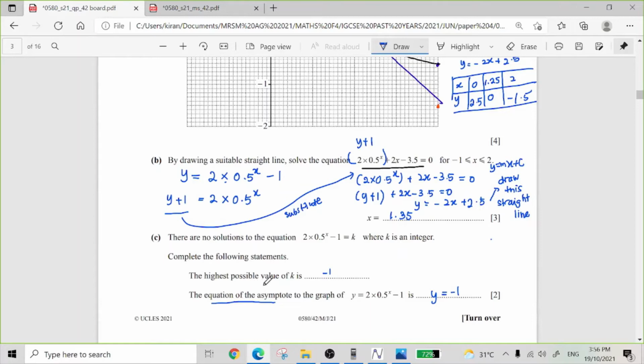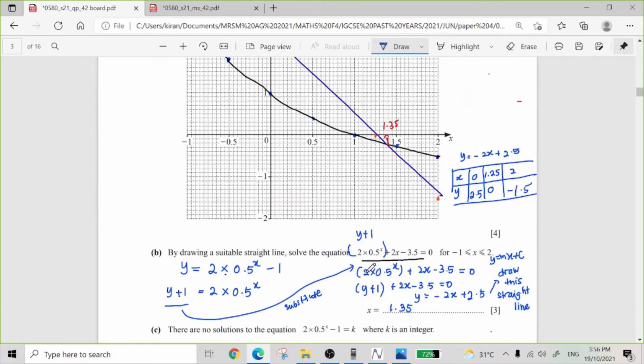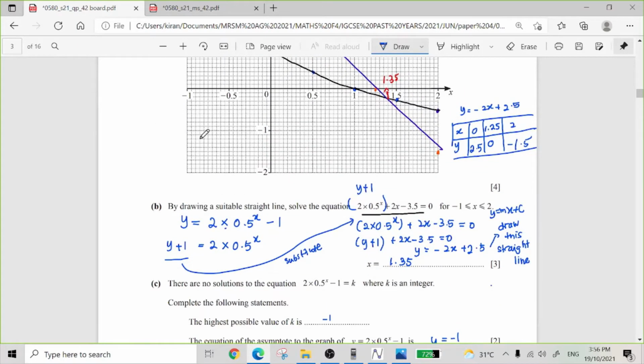Okay, the highest possible value of k is, okay, where there is no solution, maknanya bila you draw that kind of line, k kat sini kita refer kepada horizontal line yang melalui y-axis, maknanya y equal to k lah. Okay, jadi kita nak tahu apa value of k kat sini.